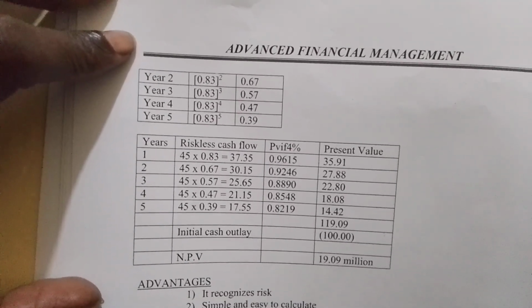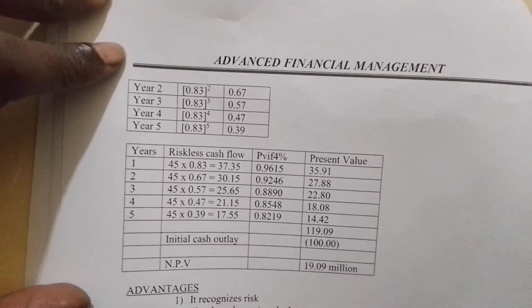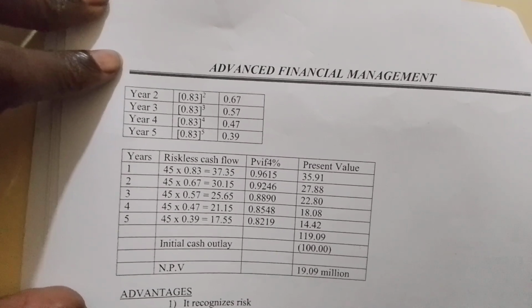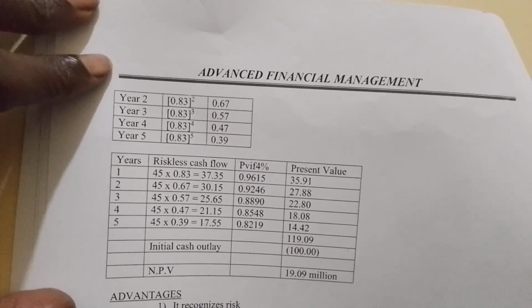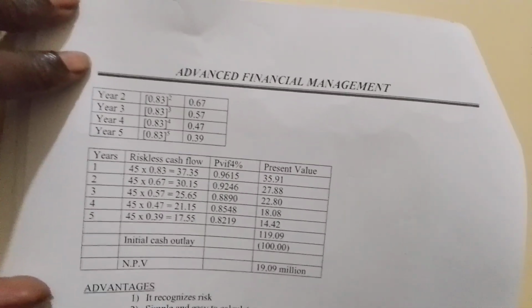We multiply, for year 1, by 0.83. For year 2, 0.67. For year 3, 0.57. I understand that you know what you are doing.